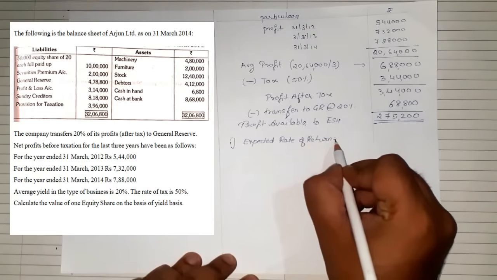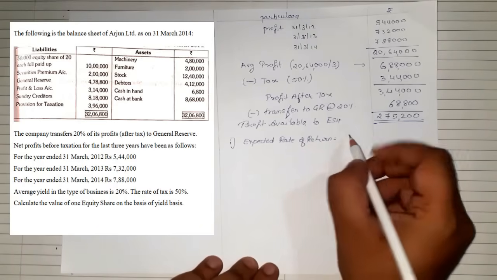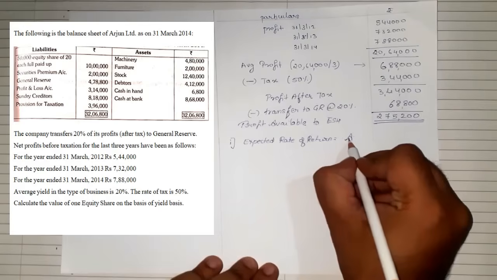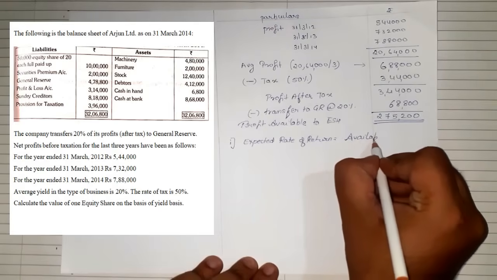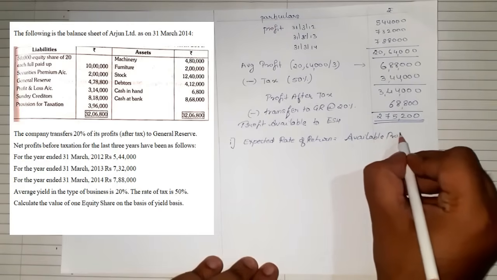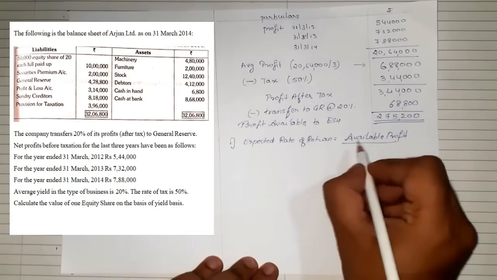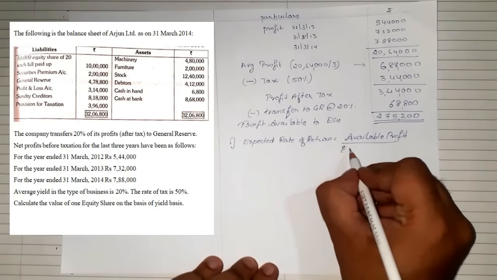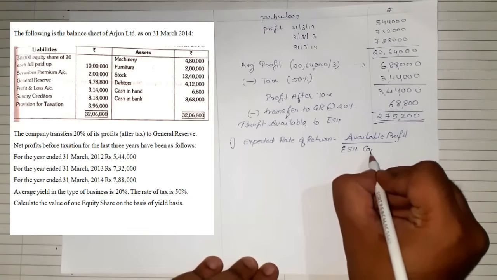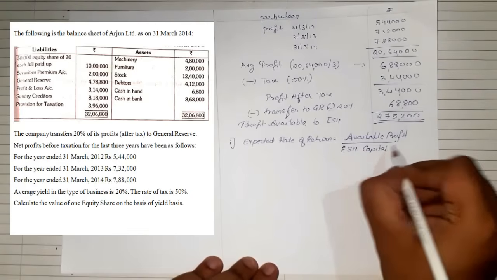Now the formula for getting expected rate of return is the profit available to the equity shareholder, available profit upon equity share capital into 100.